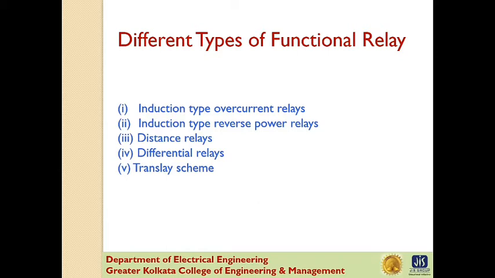Although there are several types of special functional relay, we discuss only these relays: induction type overcurrent relay, induction type reverse power relay, distance relay, differential relay, translay scheme. In this video, I will discuss about induction type overcurrent relay, both non-directional and directional, and induction type reverse power relay.